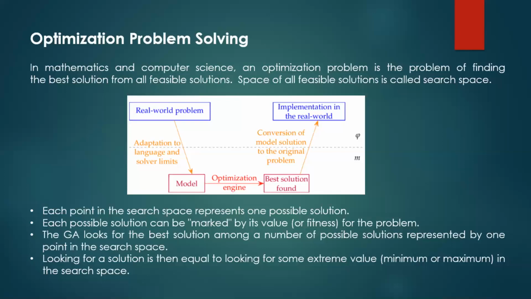So what is the goal in this case? Basically, we start with the real world problem. That real world problem we try to solve with the help of an available model, right? Whatever solution model we have will provide us a solution, but it is not sure that it will be the best solution.